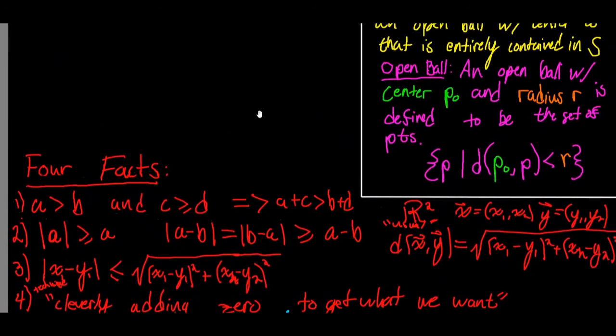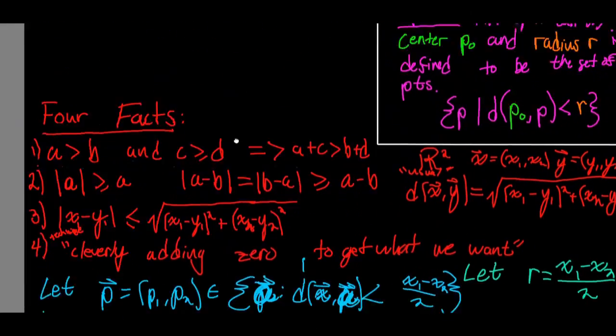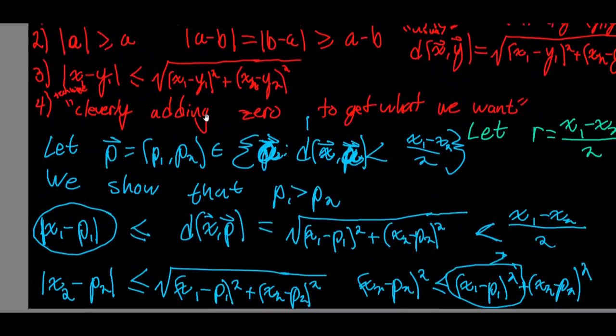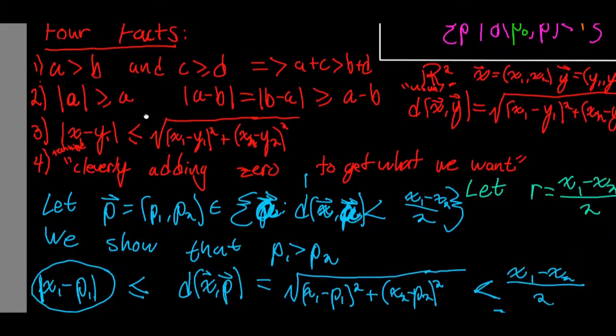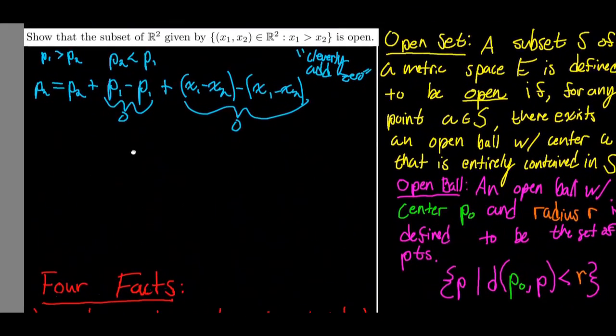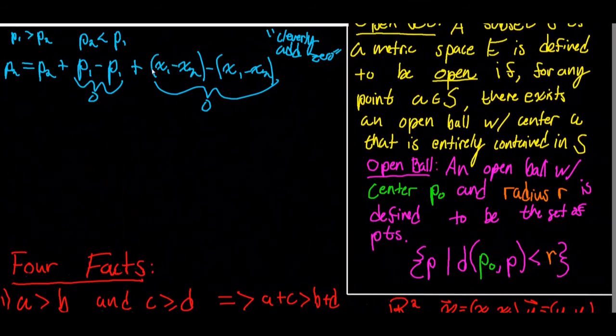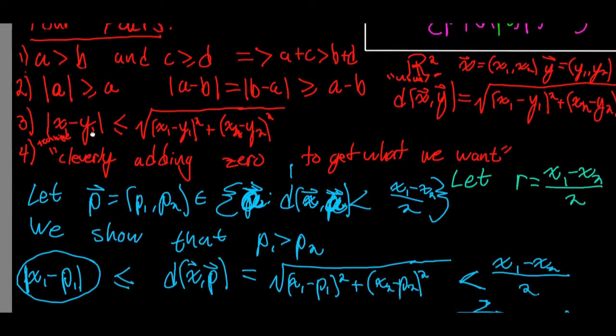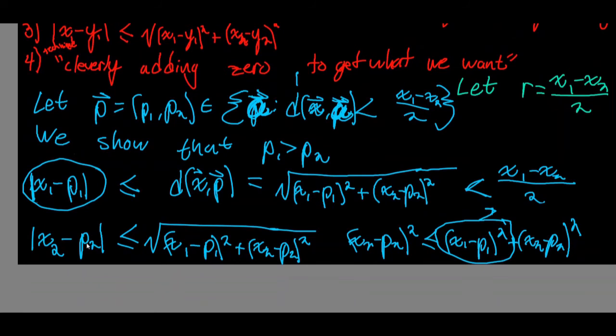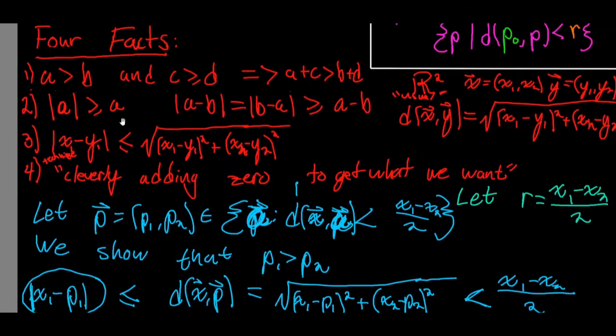So we want to group together terms so that we get an x1 minus p1 and an x2 minus p2. And we can do that. Check this out. I move this p2 to be grouped with this negative x2, so I get p2 minus x2. I'll remind you, we're going to use the fact later that the absolute value of x2 minus p2 is the same as the absolute value of p2 minus x2. That'll come in handy later.